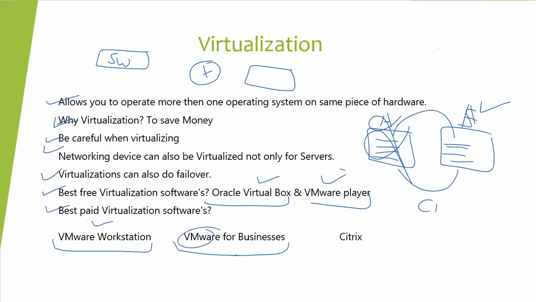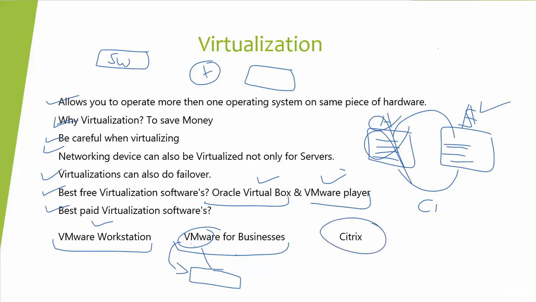This is one of the famous virtualization software where they just buy hardware, and then they do the virtualization through this, because this has more options. Like you can configure clustering, you can configure failover, you can do virtualization connected to the storage area network, and you can do a lot of things.